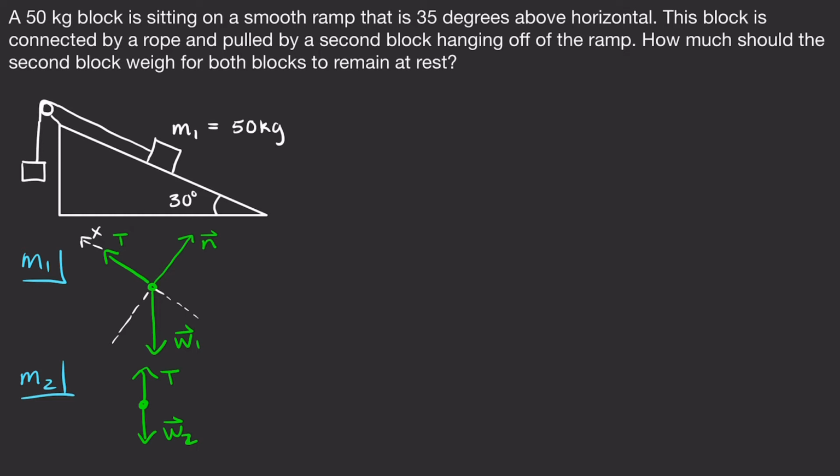So M2, sum up forces in y. If I do that, I get the tension that is pulling up minus the weight of the second block, and that's equal to mass times acceleration in the y direction. But we want to know how much the second block is going to weigh for them to remain at rest, so that means that it's not going to accelerate upwards.